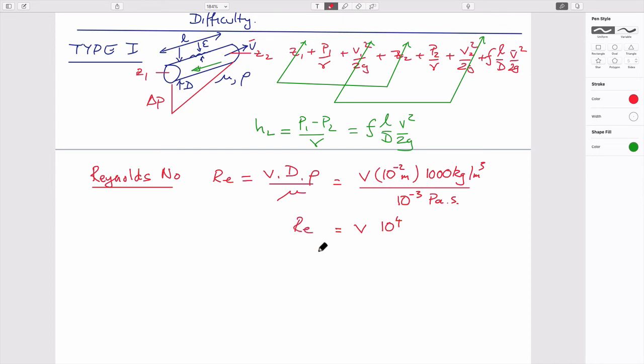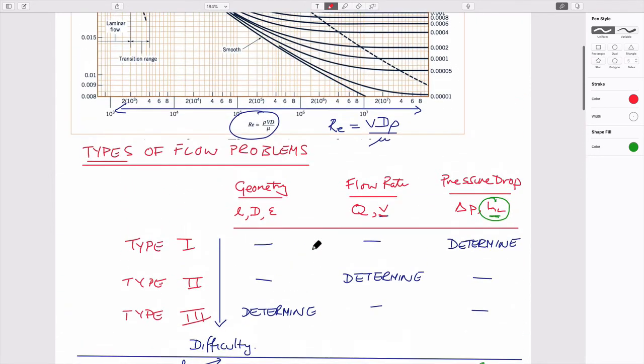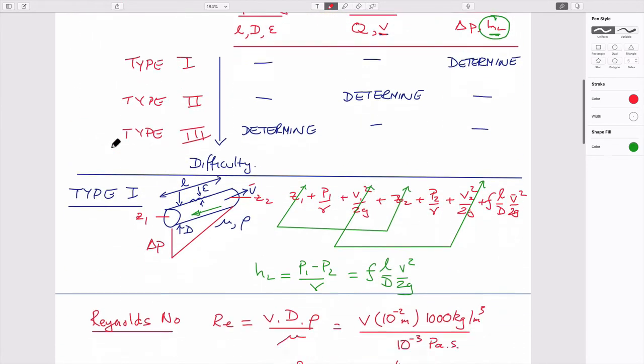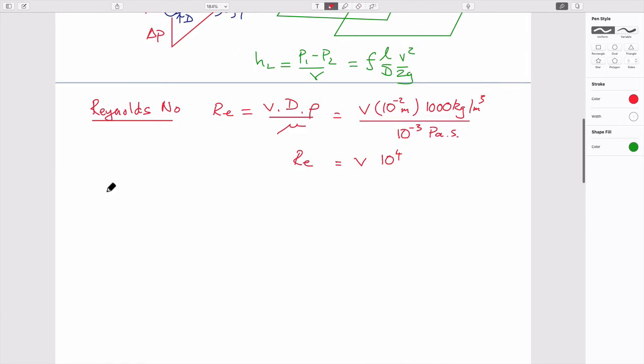But we can do that. We said that we want to choose some numbers which are on both sides of the laminar turbulent transition. 2000 is right here. So a number to represent laminar behavior should be less than 2000. So if we want it to be laminar, then certainly if we choose a velocity equal to a tenth, that would give us 1,000.